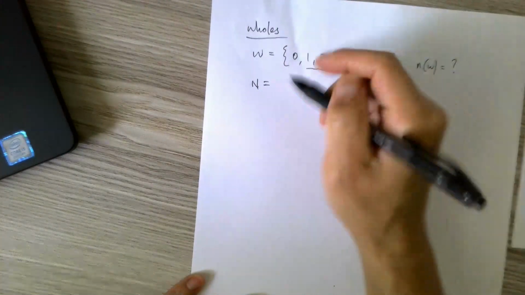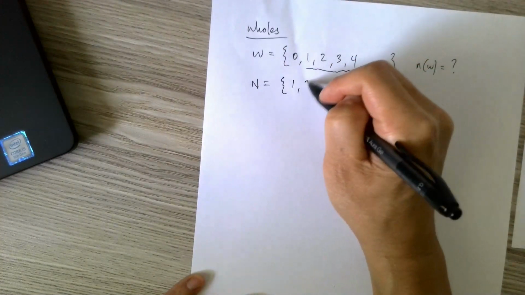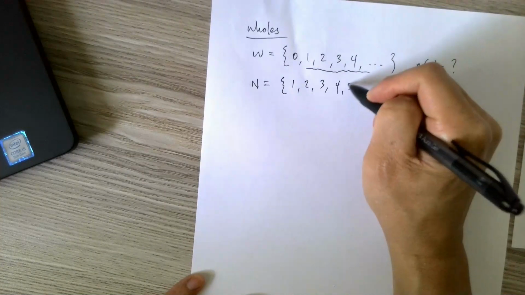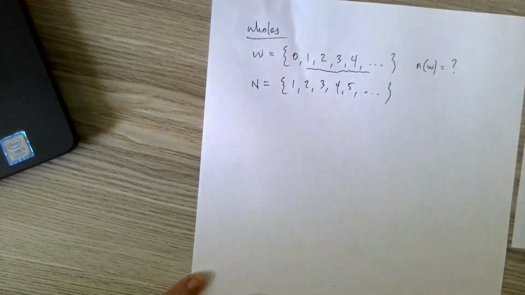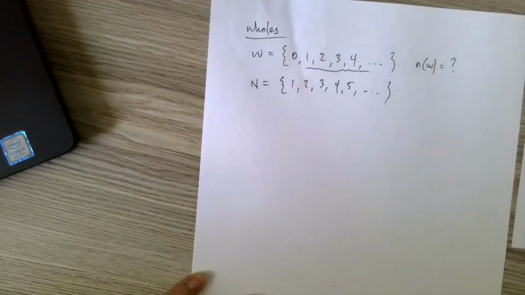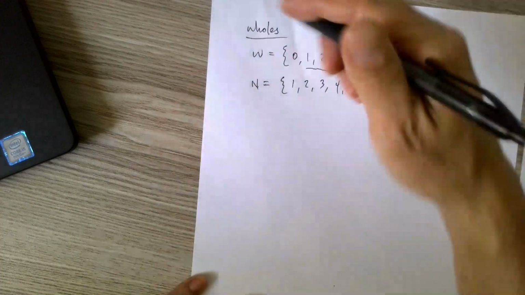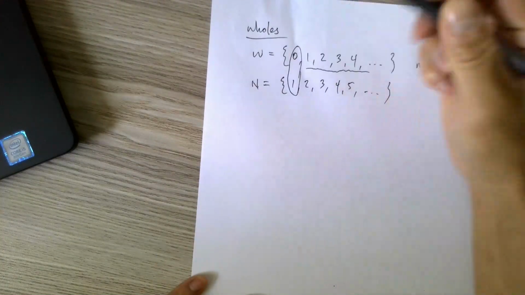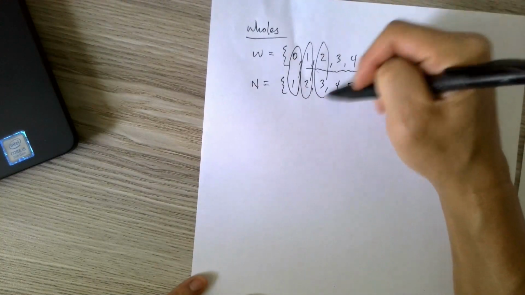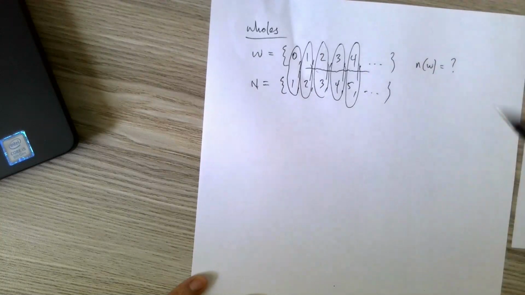If I write the naturals directly underneath the wholes, and I do my one-to-one correspondence pairing off process, I can pair off the 0 with the 1, the 1 with the 2, the 2 with the 3, the 3 with the 4, and the 4 with the 5.